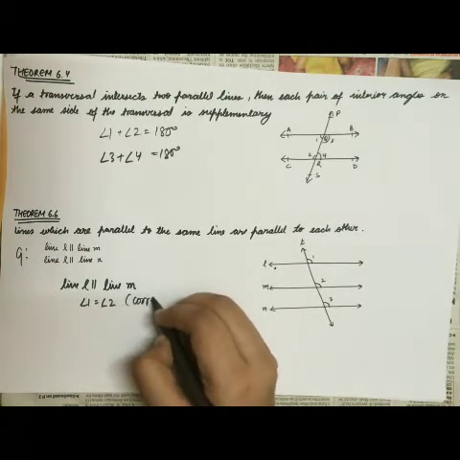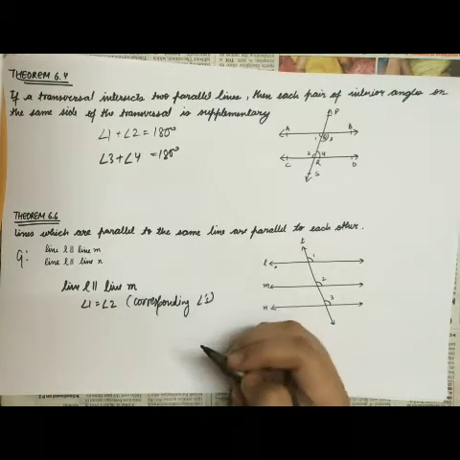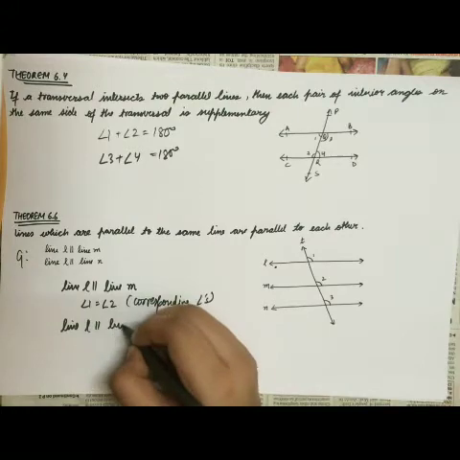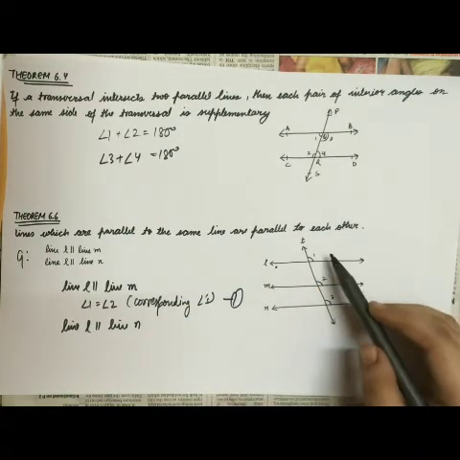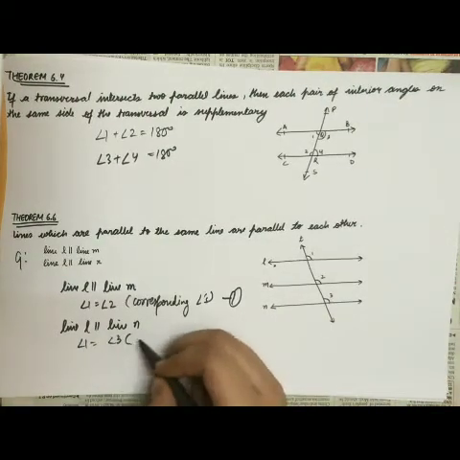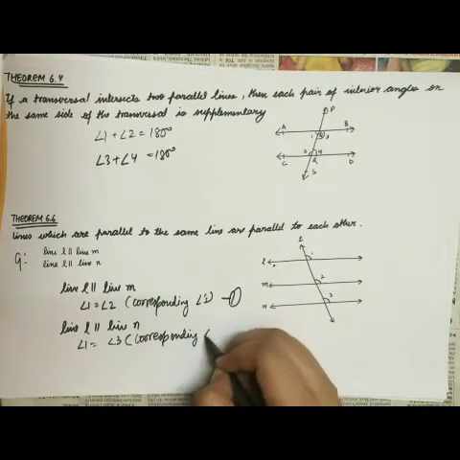Why? Because of corresponding angles. Similarly, line L is parallel to line N. We'll mark it as 1. Then angle 1 is equal to angle 3, for the same reason, corresponding angles.